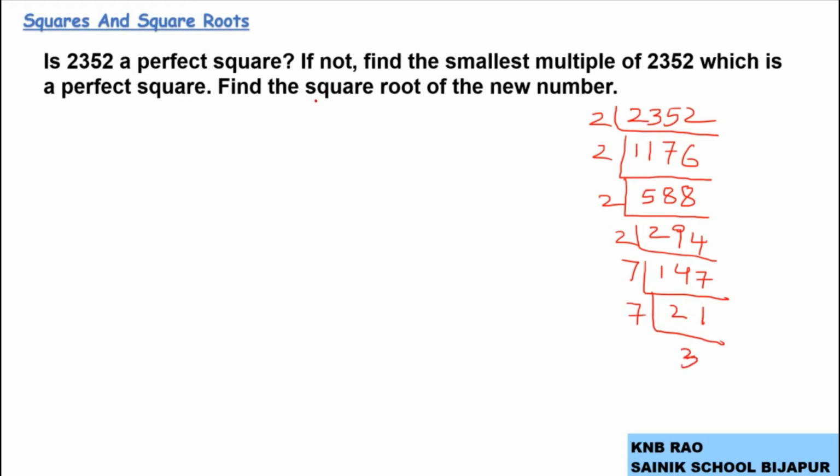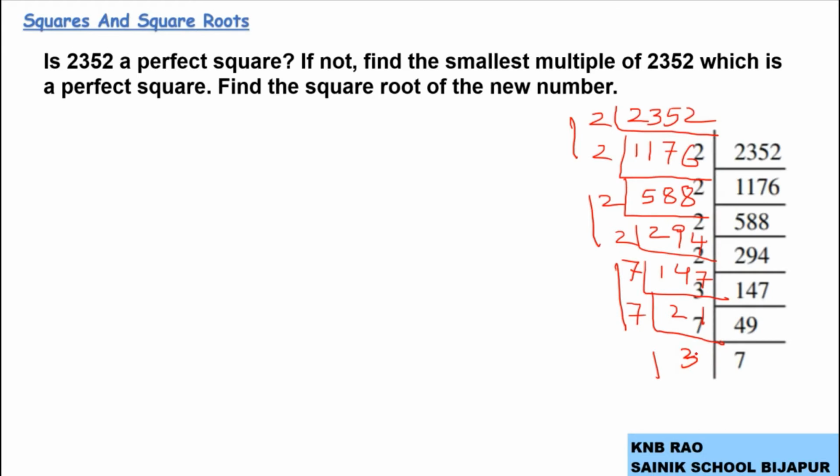So when we have 2352 written as 2 into 2, 2 into 2, 7 into 7 into 3. That means here in the prime factorization of 2352 we have pairs of 2's, pairs of 7's, but there is no pair for 3.